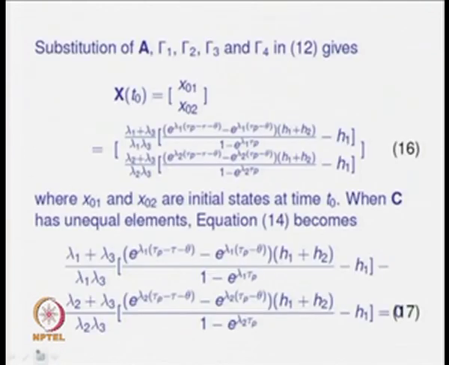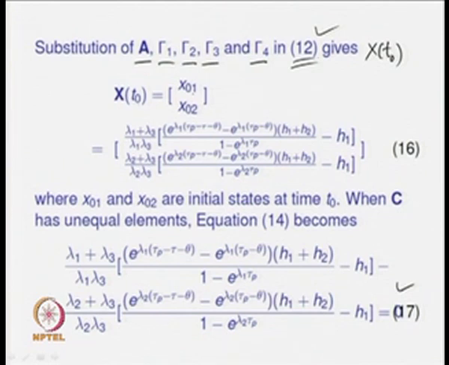The nonlinear expressions we will get for that case will be of this form. How are we obtaining that? When A, gamma 1, gamma 2, gamma 3 and gamma 4 are substituted in the expression for x(t0) that we obtained earlier in equation number 12.